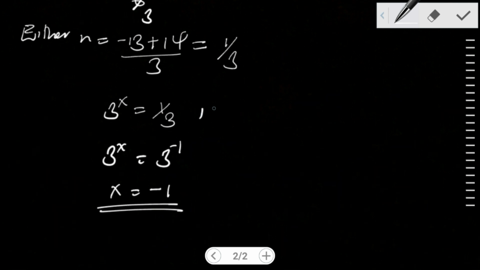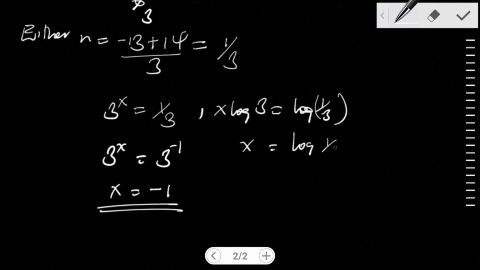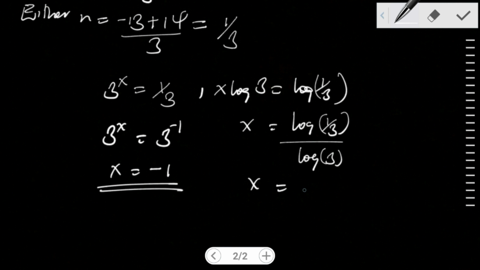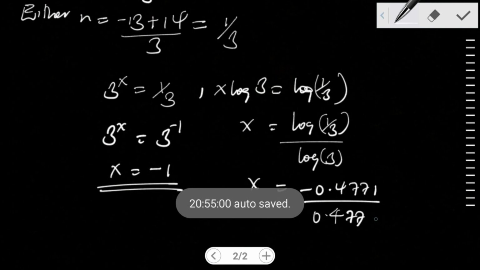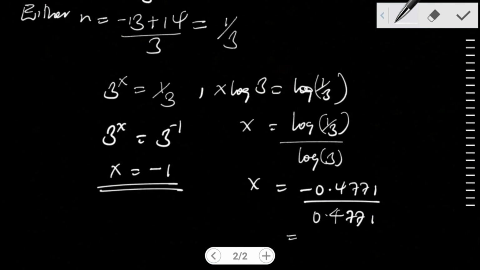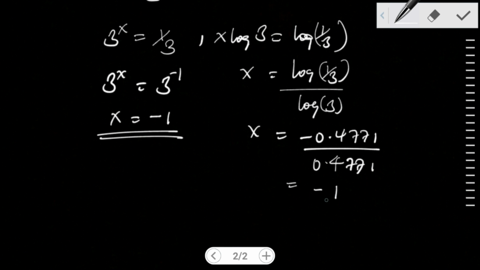Someone would say that we're having x log of 3, which would be equal to log of 1 over 3. And so x would be equal to log of 1 over 3, negative 0.477 divided by 0.4771, of which this still gives us negative 1. And so using both ways it still comes out.